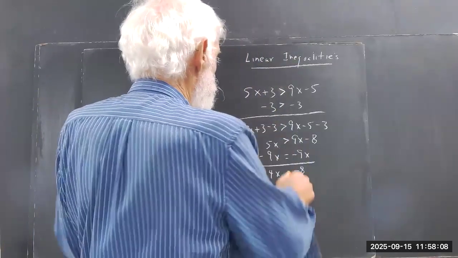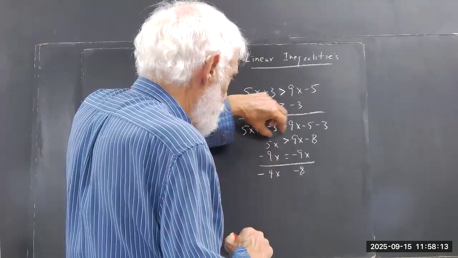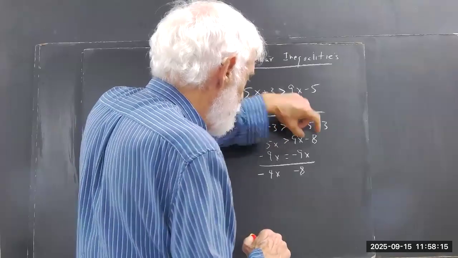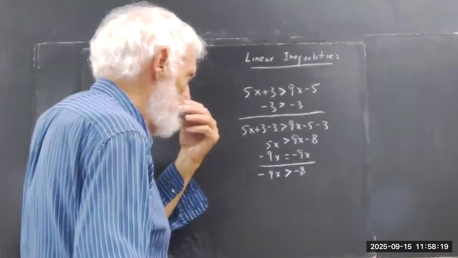This is greater than. I have, this is greater than this. I subtract the same thing from this that I subtract from this. So this is still greater than this.